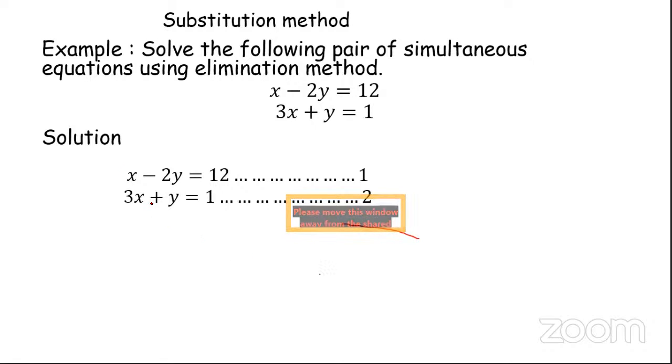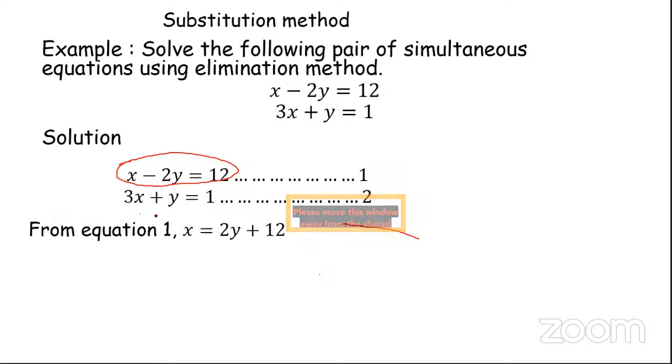So what we are going to do, we are going to get, for example, equation 1, then we make x the subject of the formula, or if we pick equation 2, we can make y the subject of the formula. So if we pick equation 1 and make x the subject of the formula, we are going to substitute the x in equation 2. But let us see how that is done.